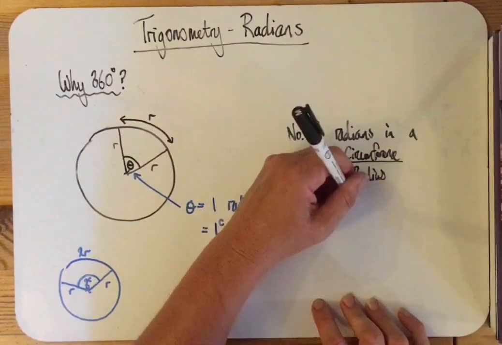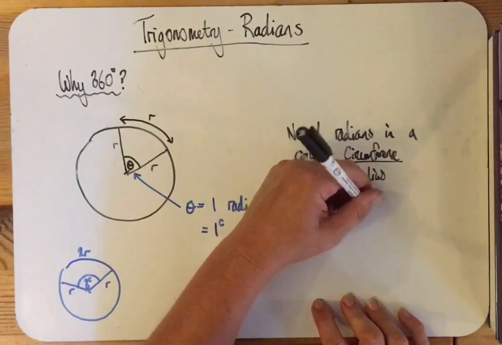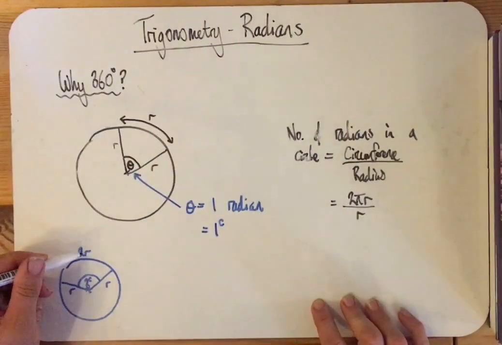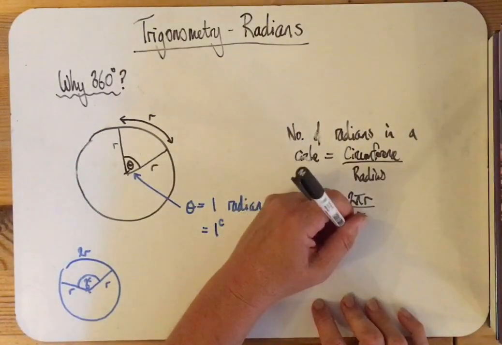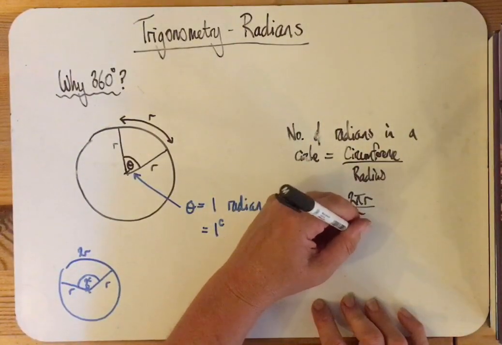So we end up with 2 pi r divided by r. So here I've got 2r divided by r gives me 2 radians. And you could just keep that going as you swing around the circle. And so the number of radians in the circle is 2 pi.